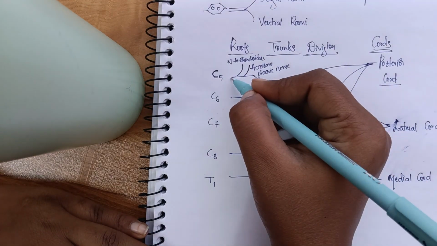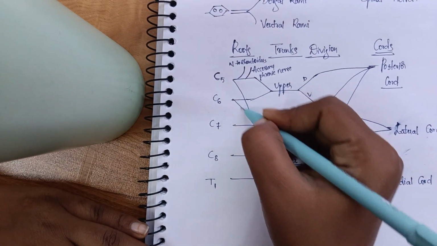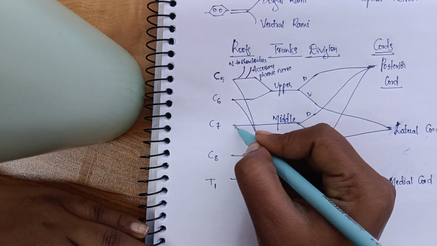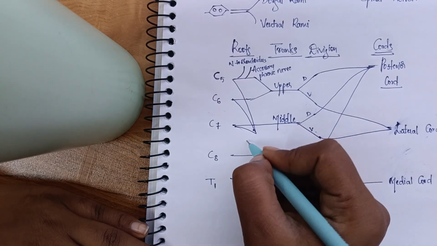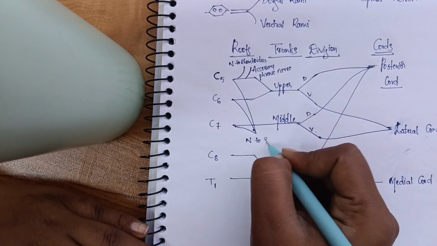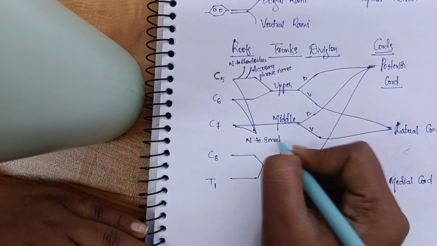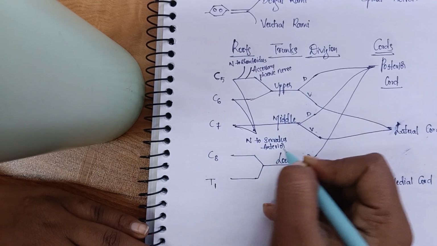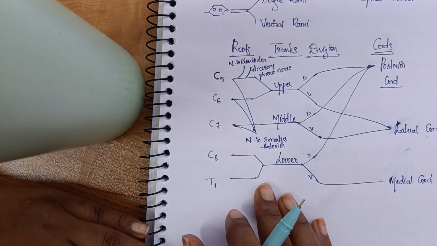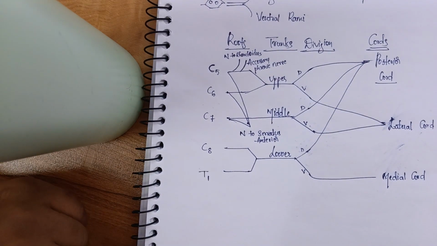And the C5, C6 and C7 roots together give a nerve to serratus anterior. Serratus anterior is a muscle which arises from the lateral aspect of the ribs, and it gets attached on the costal surface, medial border of the scapula.